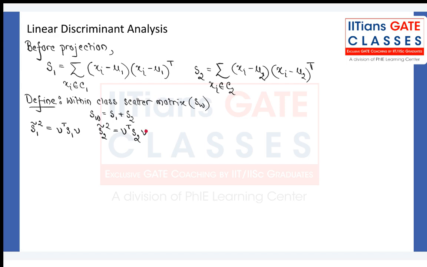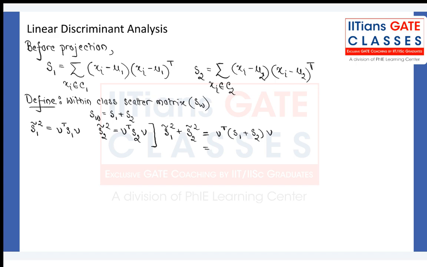So if I want to calculate the within class scatter matrix for the projected sample, S1 tilde square plus S2 tilde square, I can write this as V transpose S1 plus S2 V. And now what is S1 plus S2?